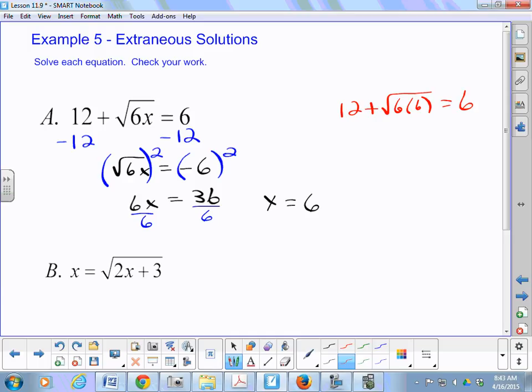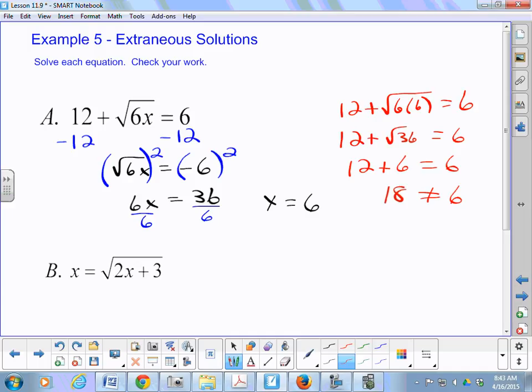So if I check my solution now, 12 plus the square root of 36 equals 6. 12 plus, square root of 36 is 6, and 18 does not equal 6. Never does, never will.